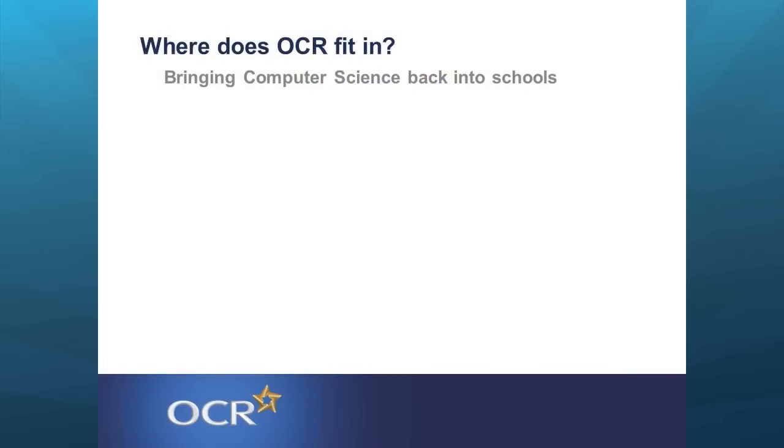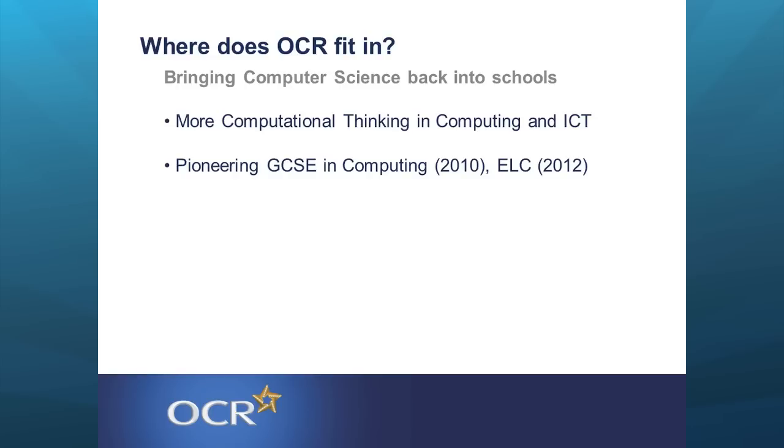I'll just give you some examples, but I will use even less of my time, Graham, because Eddie and Tom said a lot of what has been going on in OCR, especially with the maths, earlier this morning. We have been bringing computational thinking back into what people recognize as computing and ICT subjects through programming, but through other ways.